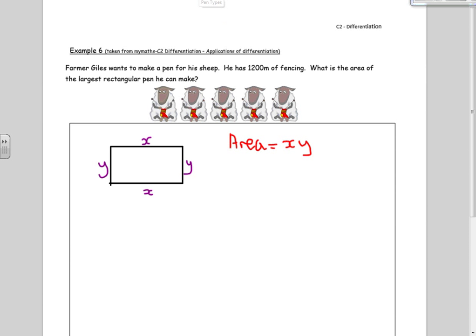But of course, this time we know that the perimeter, which is equal to 2x plus 2y, is equal to 1,200. So I can divide that whole thing through by 2 to give me x plus y equals 600.